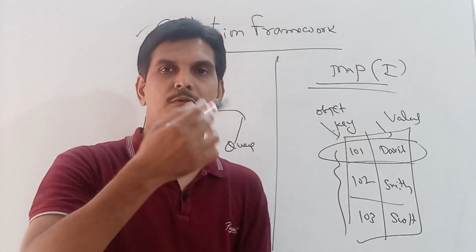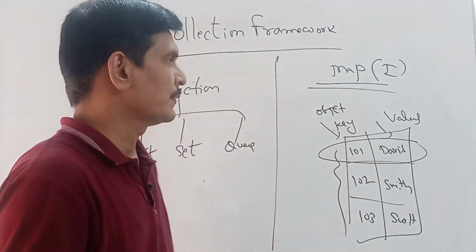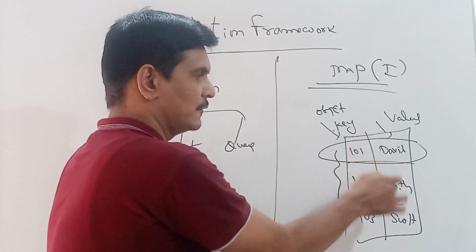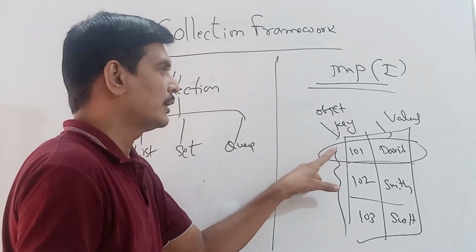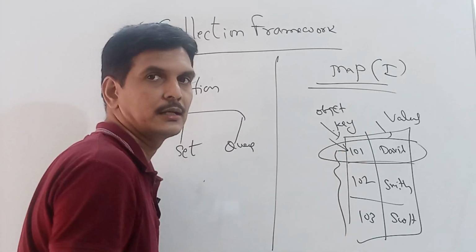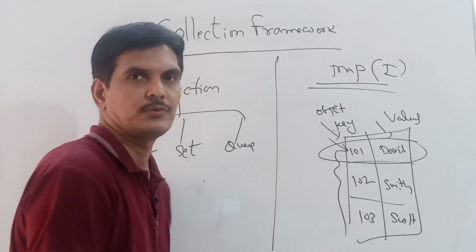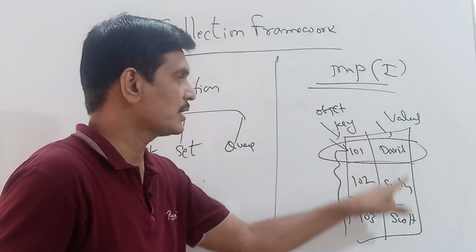Every key is an object and every value is an object. But the rule is that keys cannot be duplicated. For example, when I have already inserted 101, I cannot add one more 101. Duplicates are not allowed in the case of keys, but values can be duplicated.